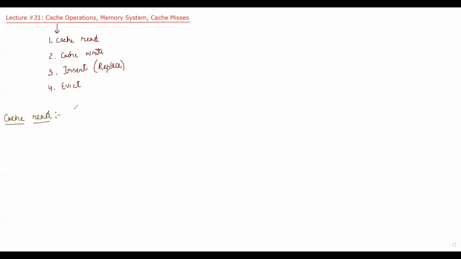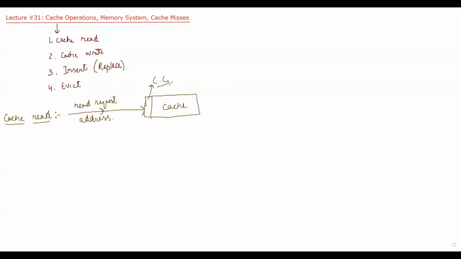So whenever a processor has to read some block from the main memory, what it does, processor sends a read request. And this read request contains the address of that particular data. This read request goes first to the cache. So basically with the cache, we have a cache controller.